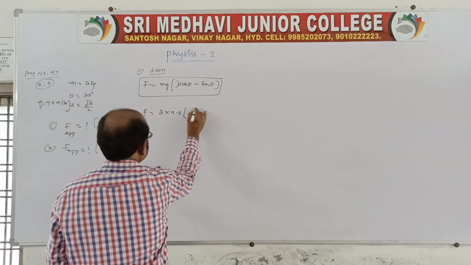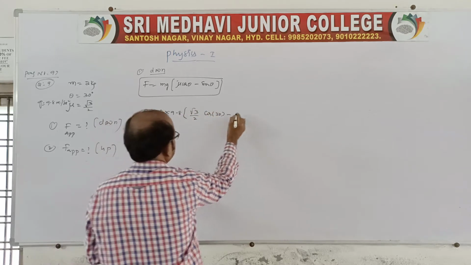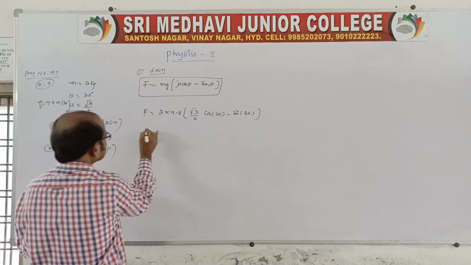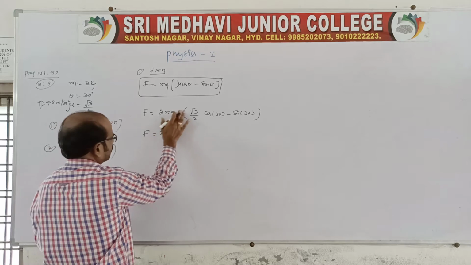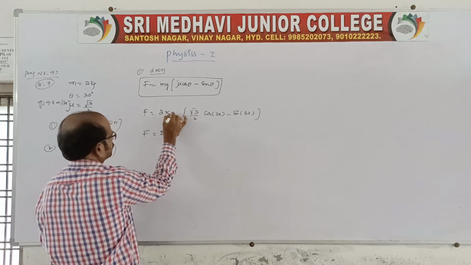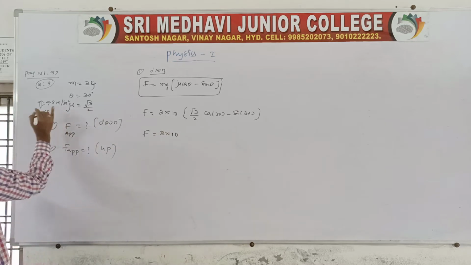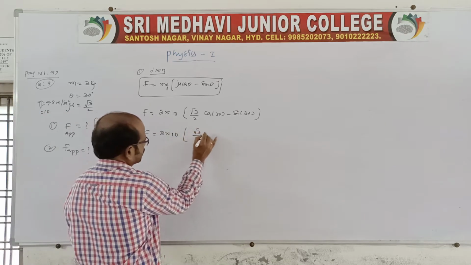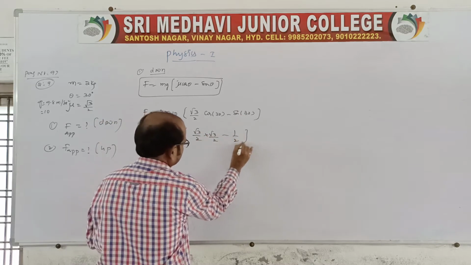And mu is given as √3/2, cos 30 minus sin 30. Therefore F is equal to 2 into 9.8, or else you can take 10, no problem, the calculation is very easy. So it is √3/2 times cos 30, which is also √3/2, minus sin 30, which is 1/2.